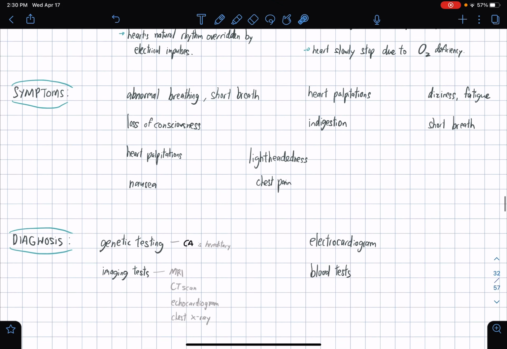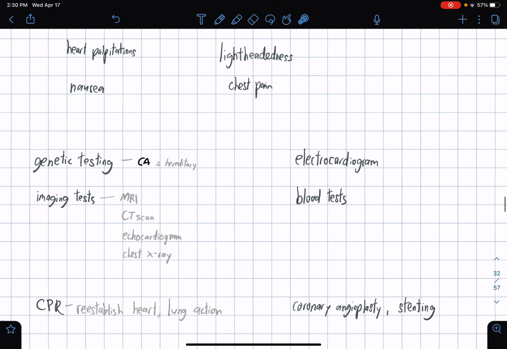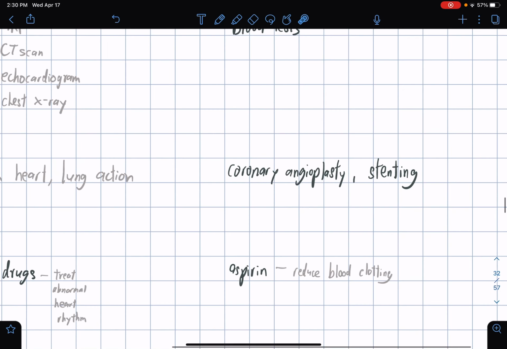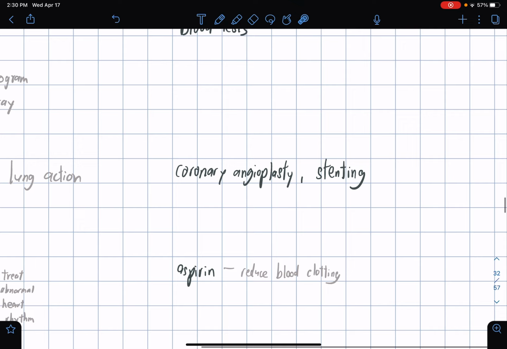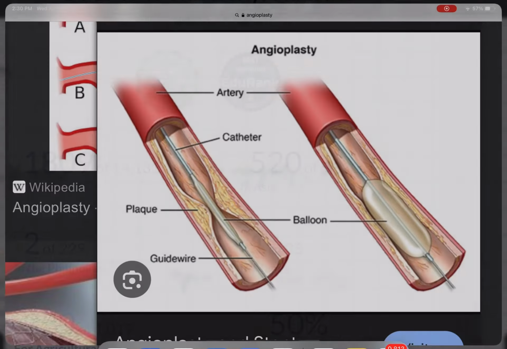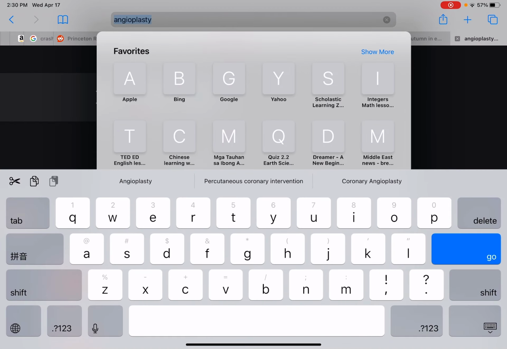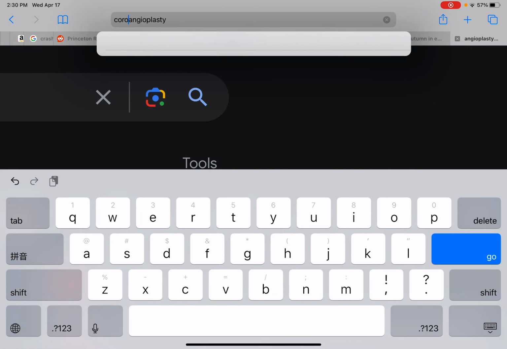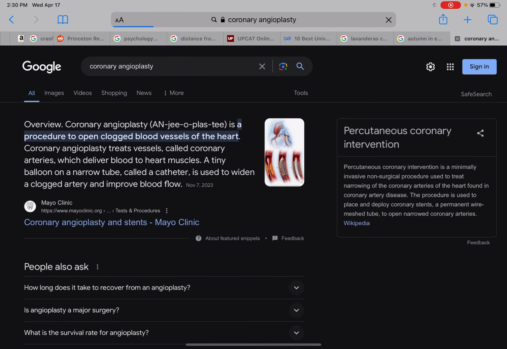What are ways to diagnose heart attack? We have electrocardiogram and blood tests. Treatment: coronary angioplasty. Particularly this angioplasty is for the coronary heart. So let's search coronary angioplasty.